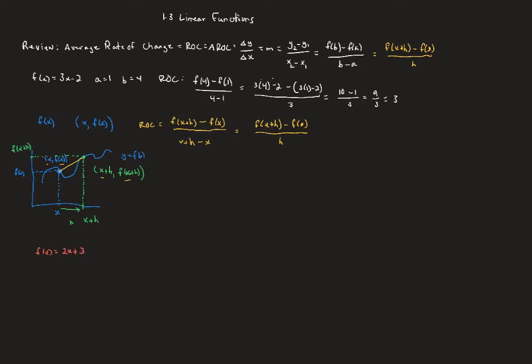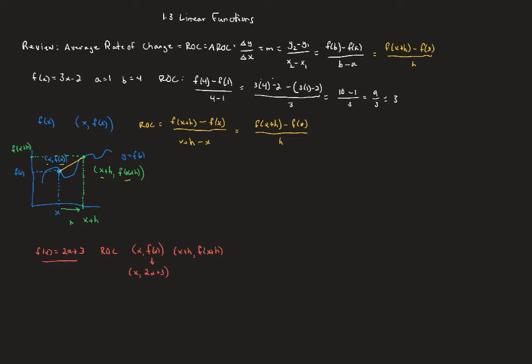And let's see if we can find the average rate of change between the 2 points (x, f of x) and (x plus h, f of x plus h). Crazy, crazy, crazy. Well, let's see. If the x value is x, and if this is our function, that means f of x is going to be just the 2x plus 3.